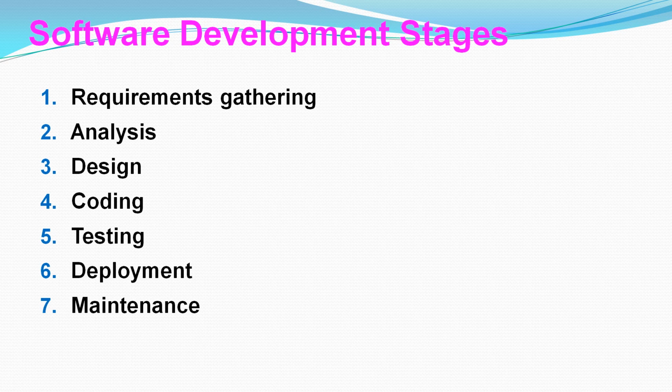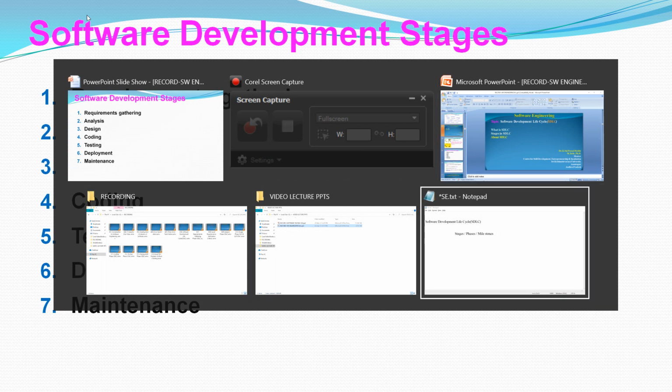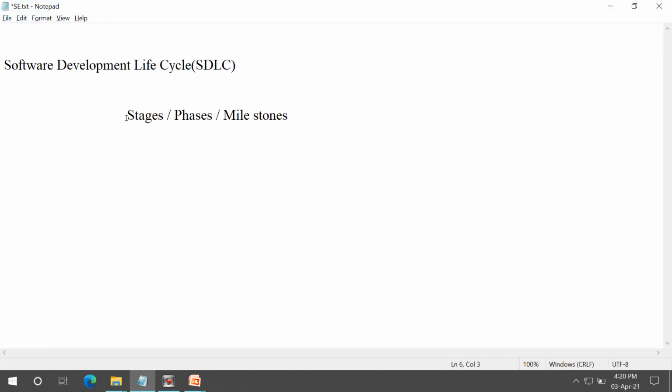The first stage is requirements gathering and the last stage is maintenance. In between the first stage and the last stage, there are other stages. All these stages put together is called the software development life cycle. These stages are also called phases, or milestones.